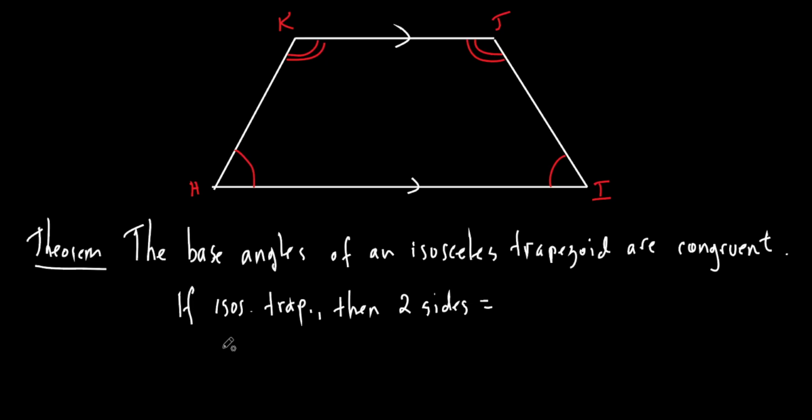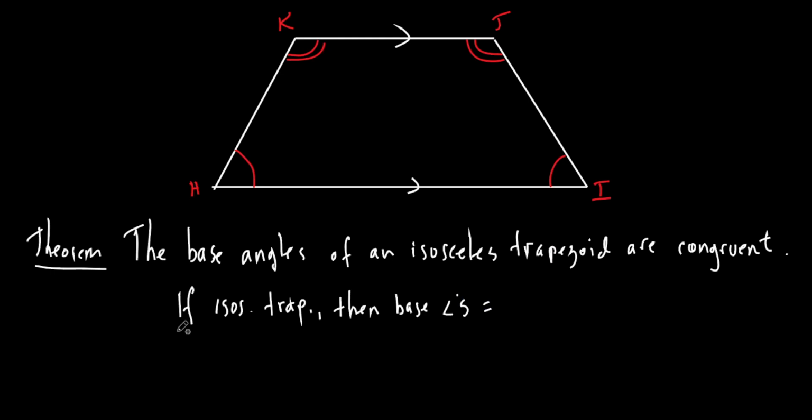If you have an isosceles trapezoid, then the what? The base angles are equal, okay?